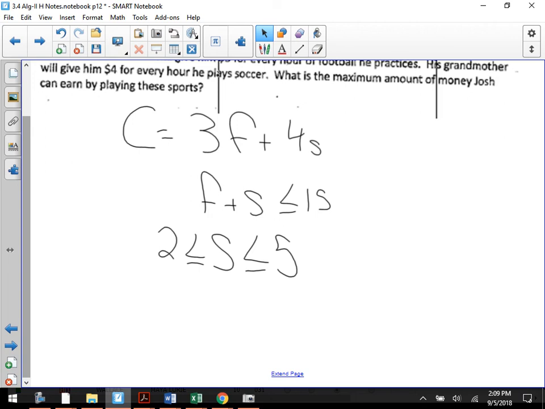He wants to give at least as much time to football as to soccer. So football is greater than or equal to soccer. You just said it backwards. You said soccer was less than or equal to football, which is fine. I might be wrong.